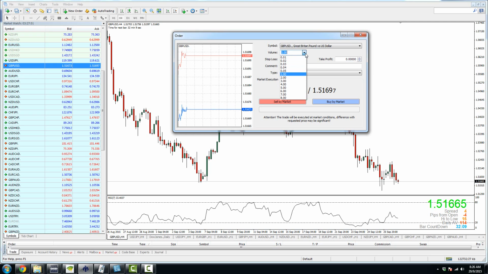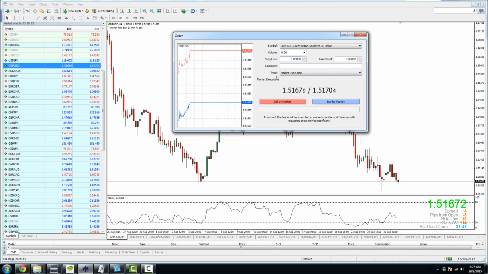If you prefer to trade, for example, just $2 per pip, instead of 1.00, what you put is 0.20. So every fluctuation up or down is worth $2.